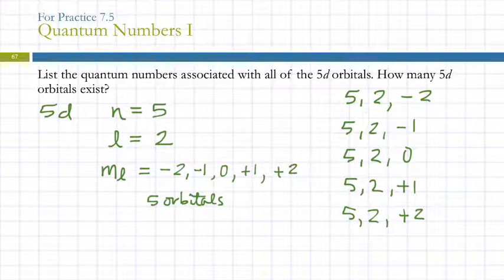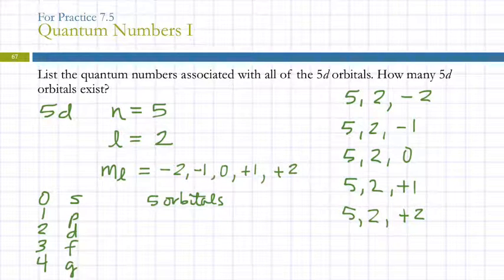So for the 5th level, L could be 0, 1, 2, 3, or 4. All of them are possibilities. The letters: 0 is S, then P, D, F. I think the next one would be G, but we never go there. Okay? Good question.